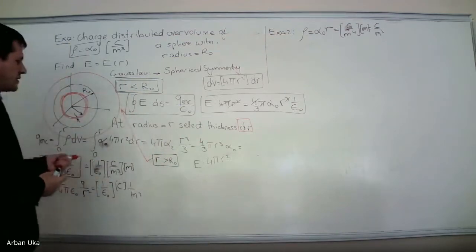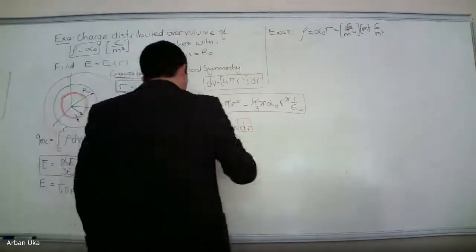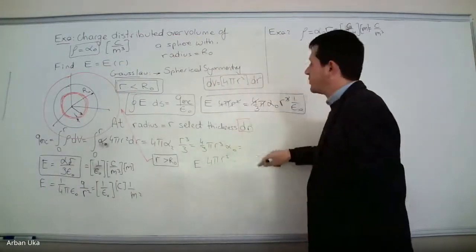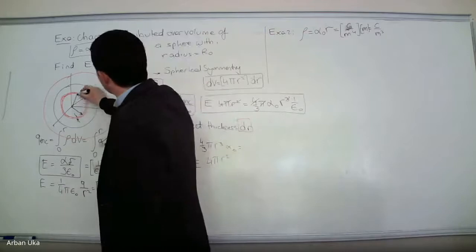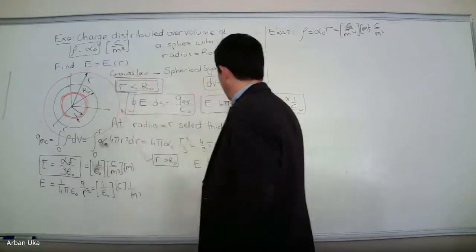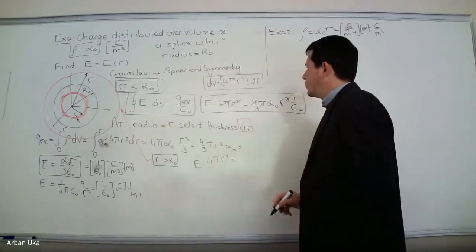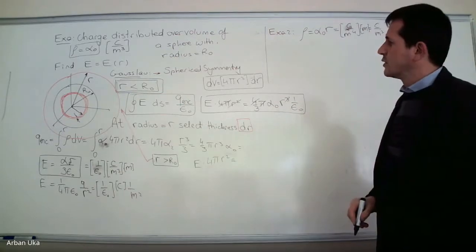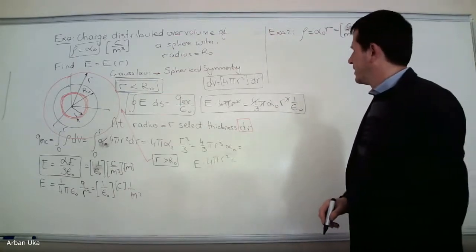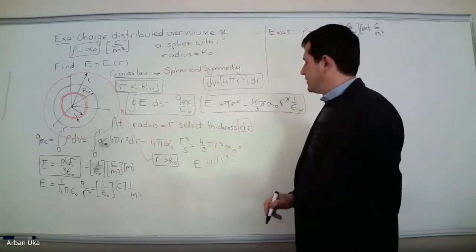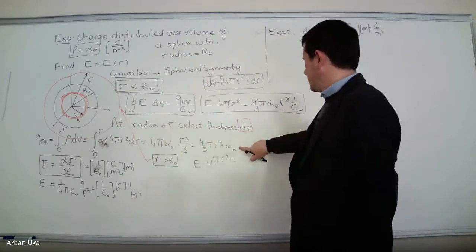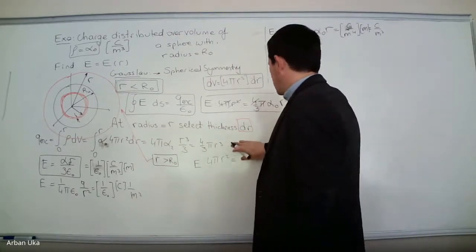The Gaussian surface gives E times 4 pi r squared. So this is r. This is equal to Q enclosed. What is Q enclosed in this case? Let me write this correctly.